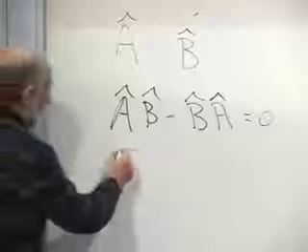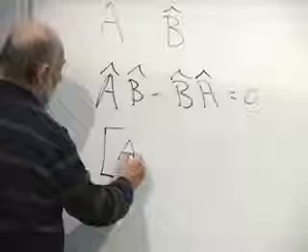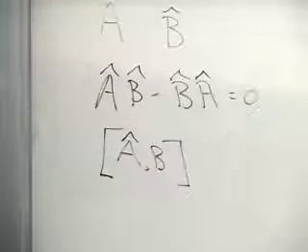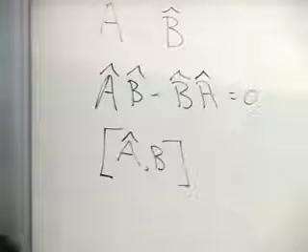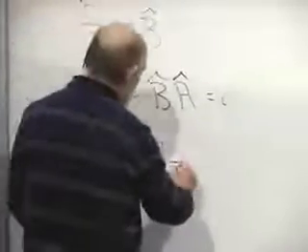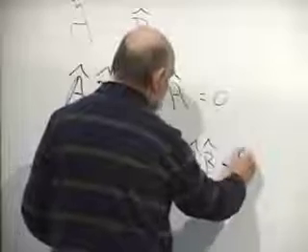And the symbol for AB minus BA is called the commutator of A and B. The bracket, this is not a bra and a ket, the square bracket with A and B sandwiched inside it with a comma, that's by definition AB minus BA.